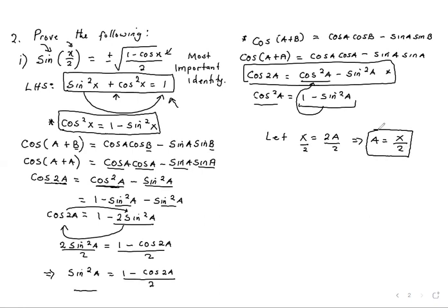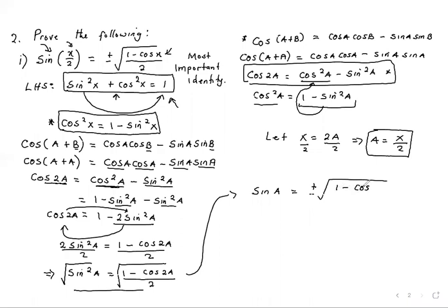Come back to the question. Since we have sine squared, if we square root, we are going to have sine A be equal to plus or minus the square root of 1 minus cos 2A over 2.